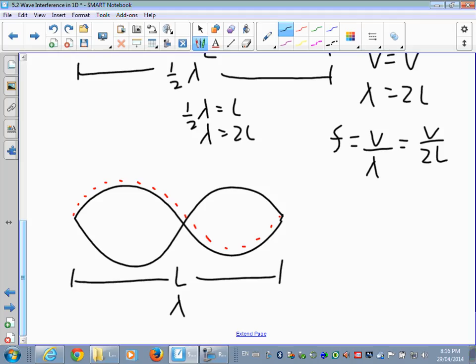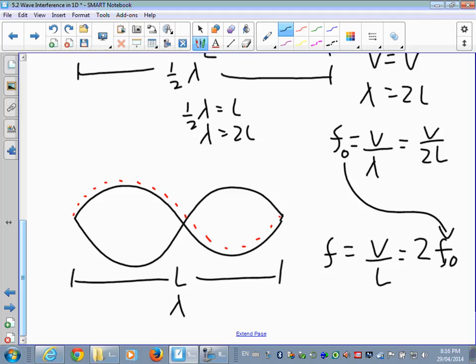So lambda is equal to exactly L, so using that we get f is equal to v over L. And notice that this is exactly twice of what that is. So if we call this f naught, then the second standing wave would be 2f naught. And we'll get back into this idea a little bit later.